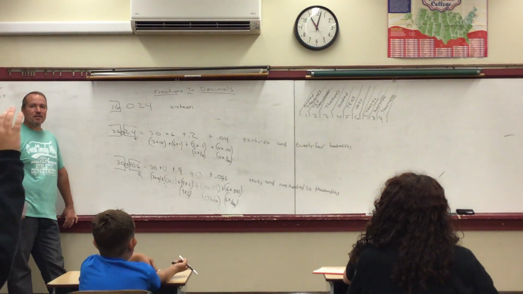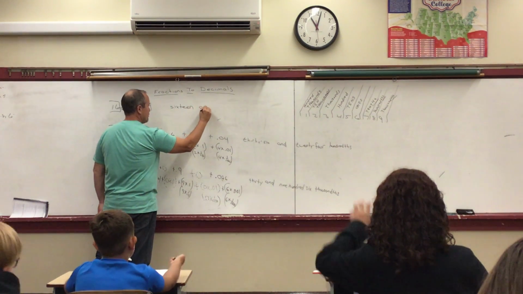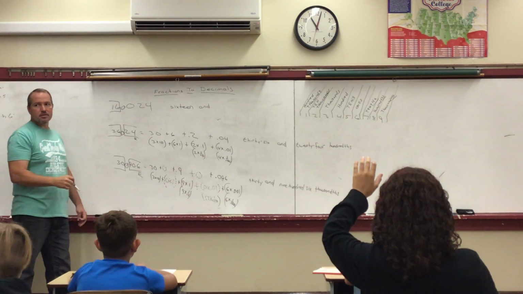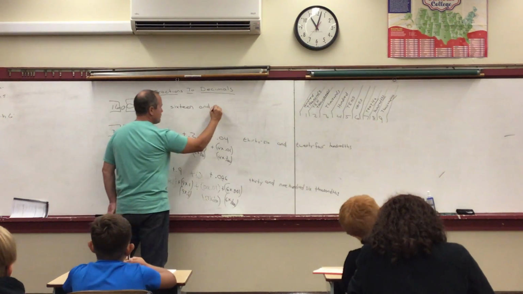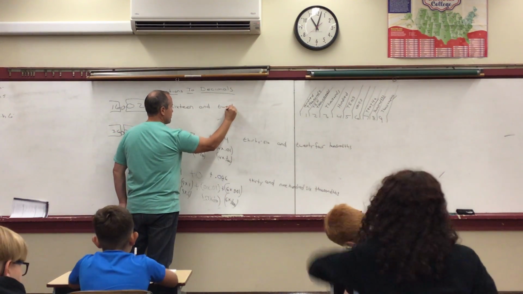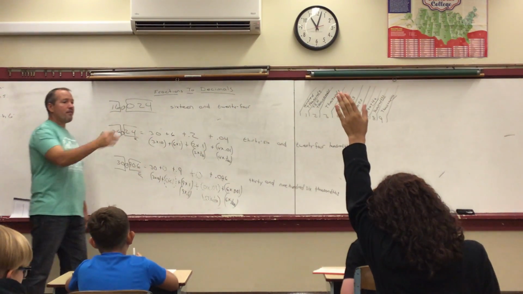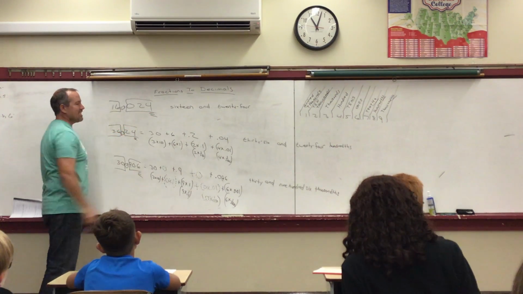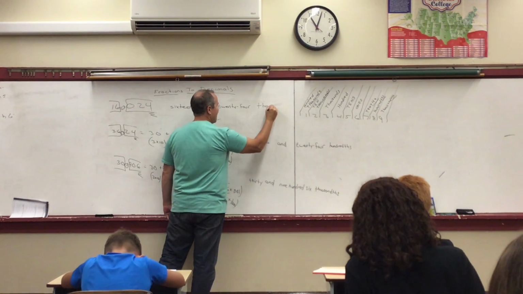The second part, and, the decimal. The third part, Gabby, 24, the number to the right of the decimal. The fourth part, the place value of that last digit. It is in the thousandths. Some people put hundredths. It is the thousandths.